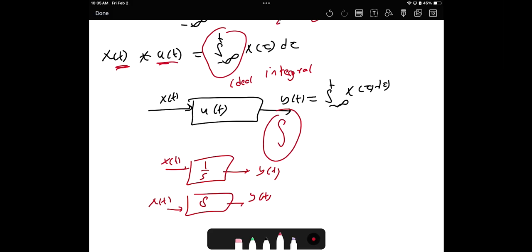We will discuss this later, I think after 1 or 2 months. But the effect of u of t is to make the integration. The effect of delta of t is the identity: whenever you convolve x with delta, it will be x itself. X convolved with u makes its integration. And when there is a shift, like t minus tau, this will make a phase change.